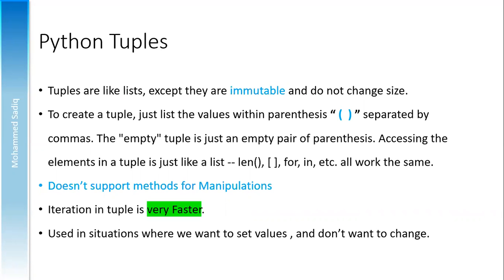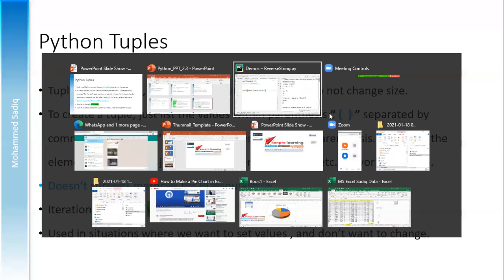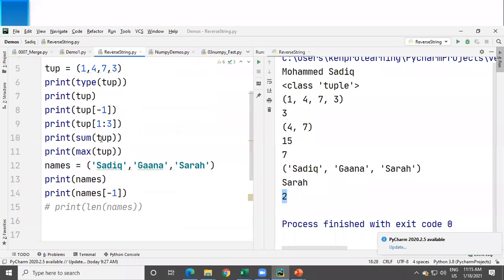But we cannot do the manipulations. Manipulations in the sense insert, update, delete cannot be done. In the case of a tuple, the data is stored in round brackets. Same as a list, we can do indexing: forward indexing, reverse indexing, and a group of values can also be done.